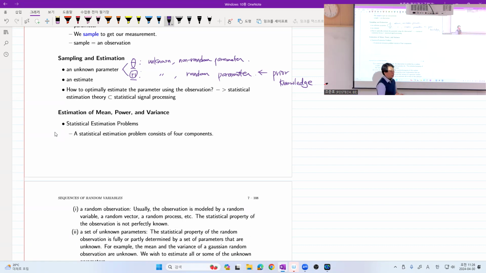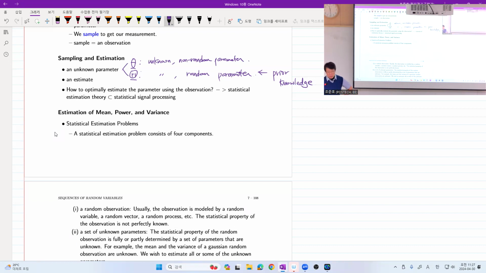But for example, I give you my history, like, okay, for the last 100 days, the number of coins in my pocket has this histogram, like 0, how many days, 1, how many days, something like that. And I give you that information. Then you have prior knowledge about that one, and you can model it as a random variable. In that case, you have what? A random parameter to be estimated. Got it? So that's the difference.